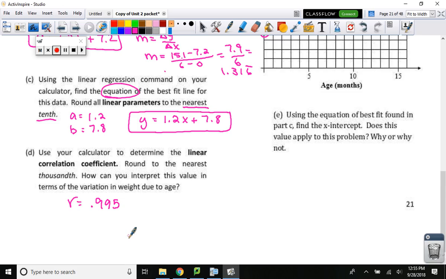And we would say this is a strong positive correlation. It just means as they go up in age, their rate also increases. That's your positive correlation.